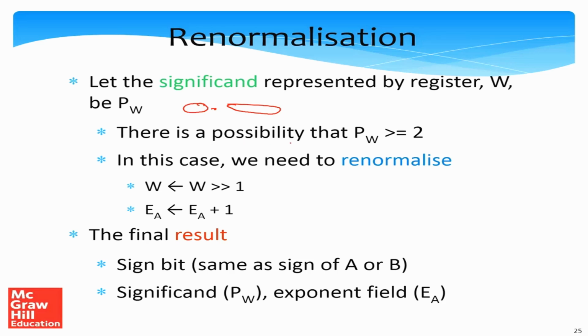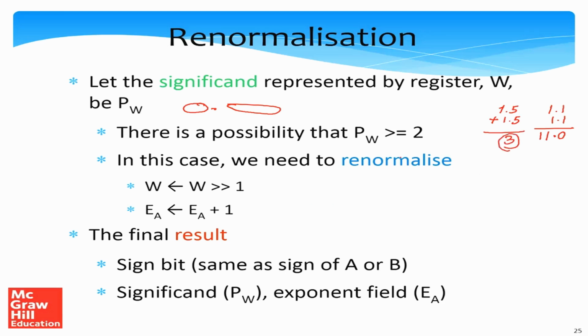So there is a certain possibility that PW can be greater than or equal to 2. For example, if you're adding 1.5 and 1.5, which is actually 1.1 and 1.1 in binary, then what's the result? 1 plus 1 is 0, 1 plus 1 plus 1 is 1, so the result is 11.0, where we consider all these points to be aligned. The result is essentially 3, and this is greater than or equal to 2.